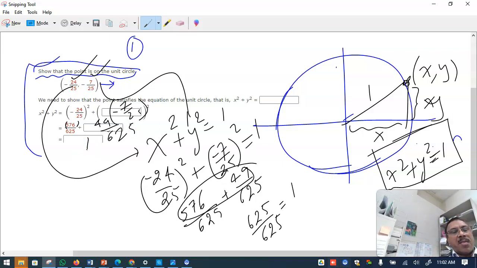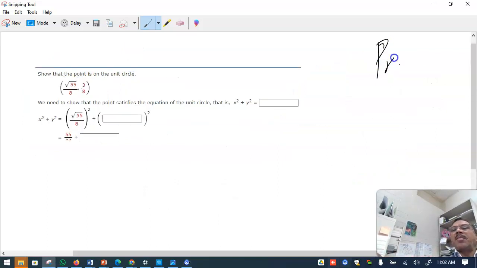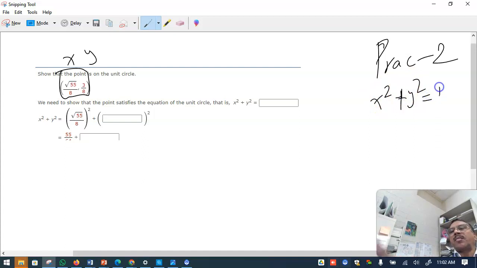Likewise, let's take another one. So let's see practice problem 2. How do we know this is a point on the circle? Same thing. We want to know whether x squared plus y squared is 1.